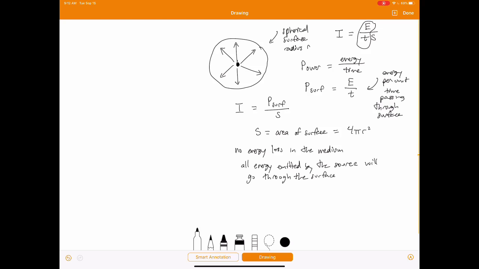In other words, this little dot at the center of our picture is the source, and it carries energy away from it, which eventually goes through the surface that we drew.